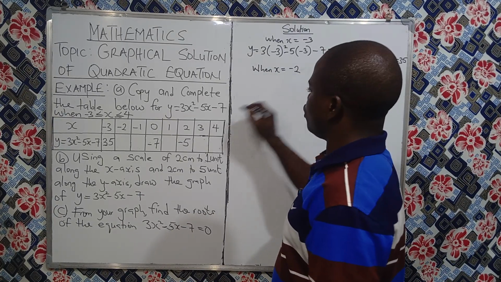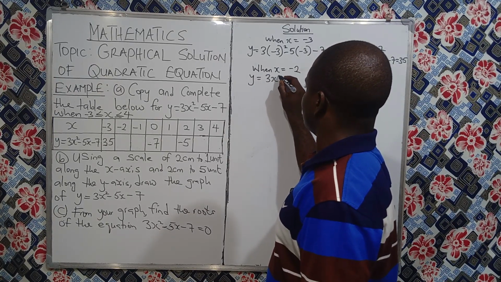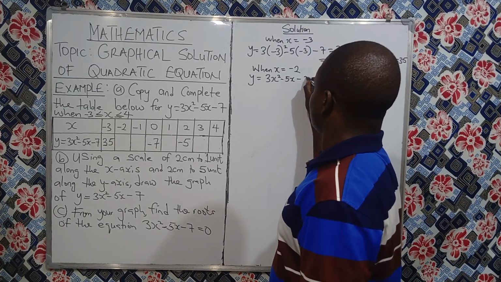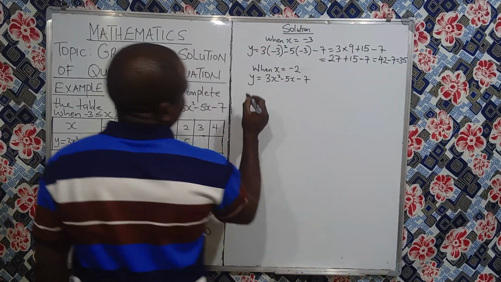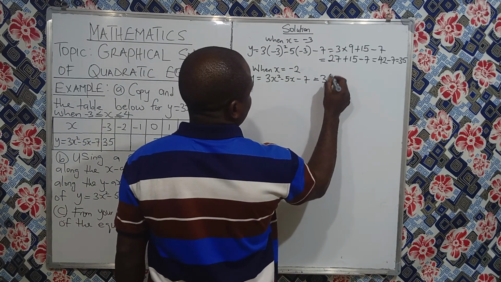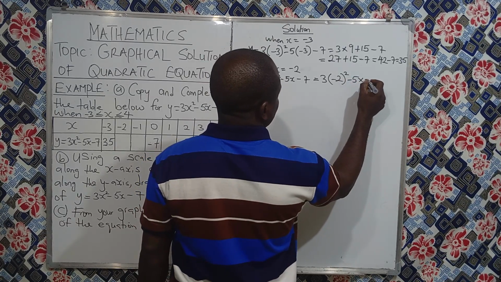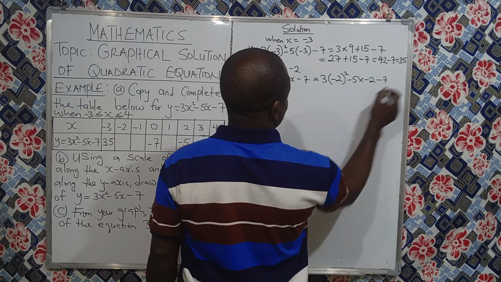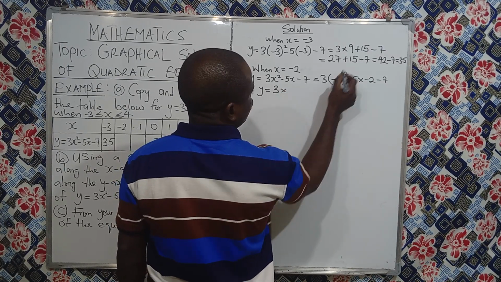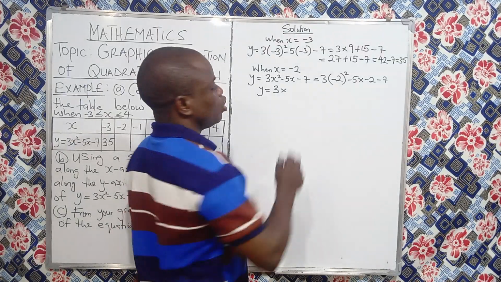equals minus 2. Don't forget the formula we are using is y equals 3x squared minus 5x minus 7. Now, let's substitute that. It is 3 into minus 2 squared minus 5 times minus 2 minus 7. So y now equals 3 times, sorry, minus 2 squared means minus 2 times minus 2, which is 4.